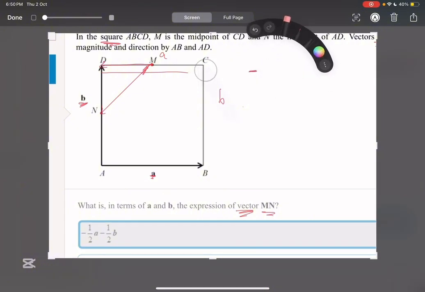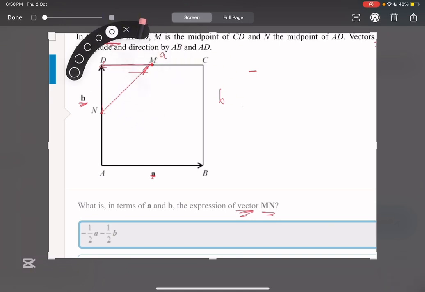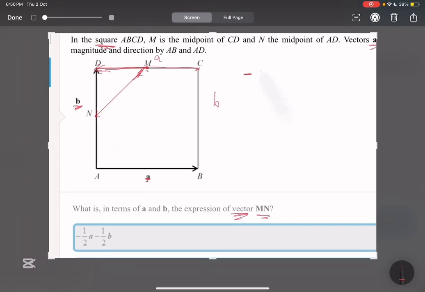So with the negative we'll be able to flip it and it will become C to D. So it will be in the direction that we're going. Now, we don't need C to D, we need M to D. M to D is only half of A. Okay, it's only half of A, so we do negative 1/2 of A. And that's the first part.